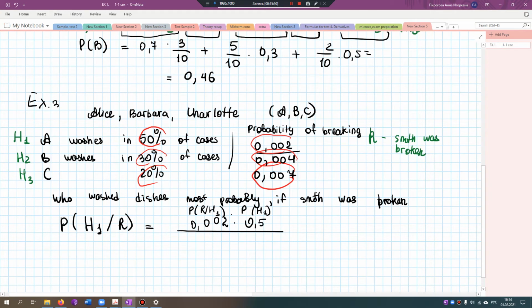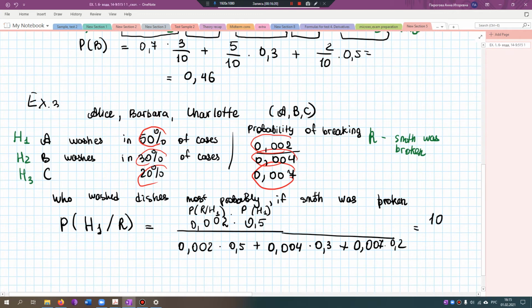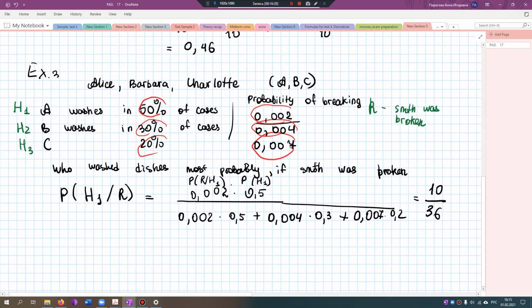So 0.002 multiplied by 0.5 plus 0.004 multiplied by 0.3 plus 0.007 multiplied by 0.5. And after computations, we will find that the probability of the event H1 will be equal to 10 divided by 36.